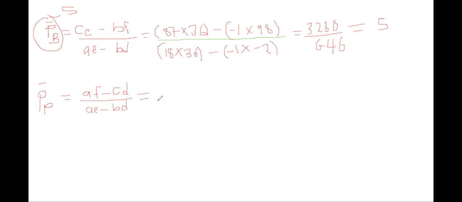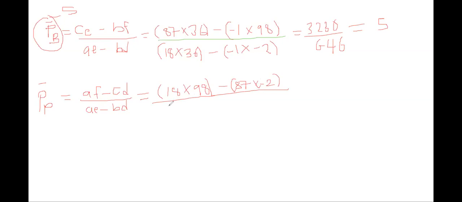so what we do is very simple. We open bracket, multiply A by F, which is 18, that is A, times 98, minus 87 times this, over, it's the same thing. This and this are the same thing.